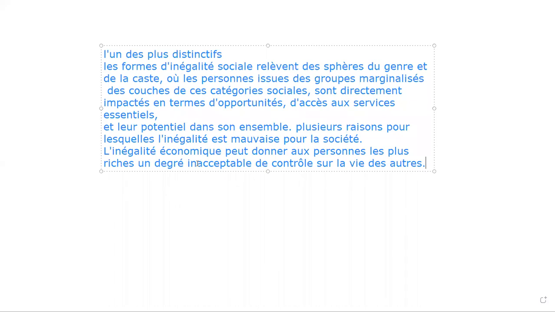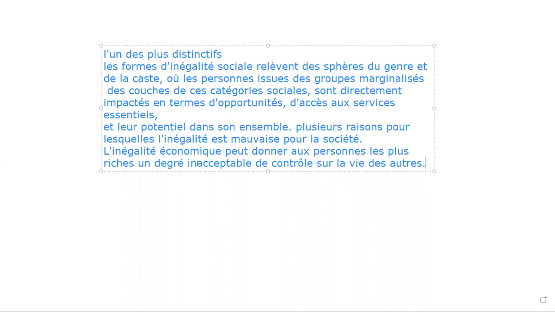So you have to use those lines only. You have to explain, right? C'est bien. So I will say l'inégalité économique peut saper l'équité des institutions politiques.